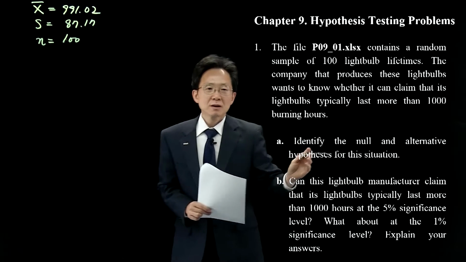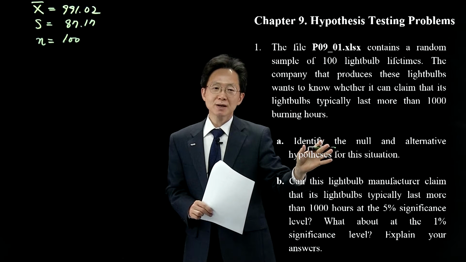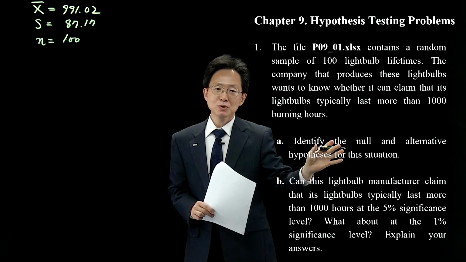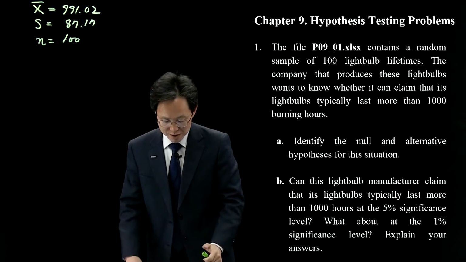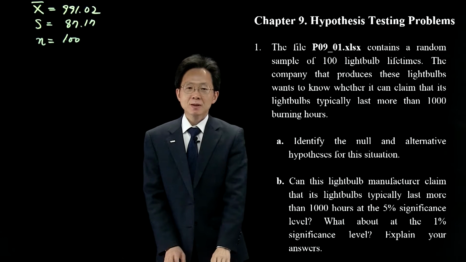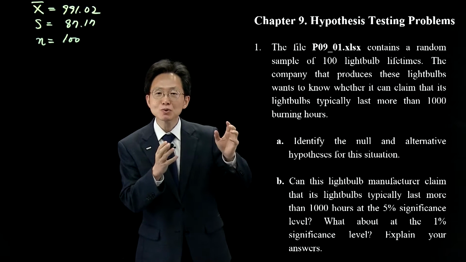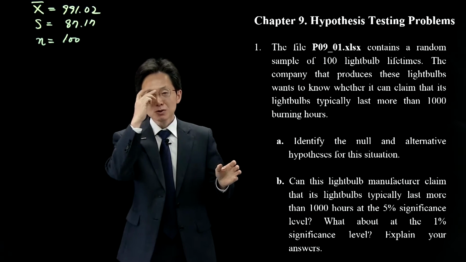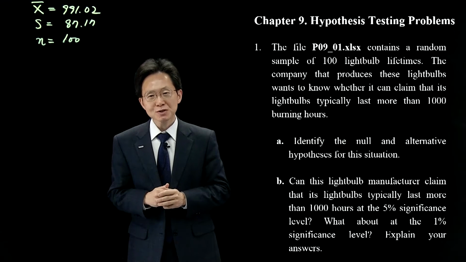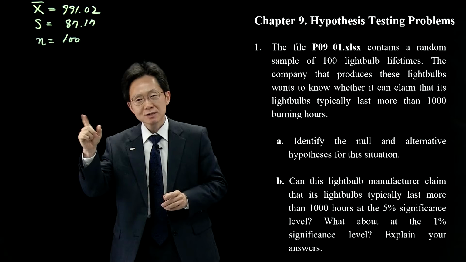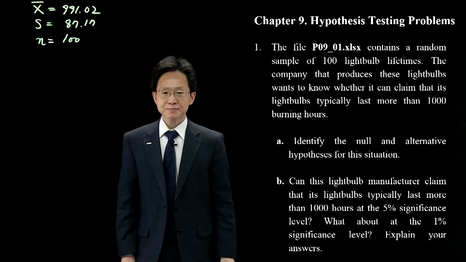Now, the first part asks us to identify the null hypothesis and also the alternative hypothesis. You have to think about the question very carefully. In other words, we already learned that the alternative hypothesis is something you want to prove. The original motivation of the null hypothesis is that I want to reject the null hypothesis in order to support the alternative hypothesis.